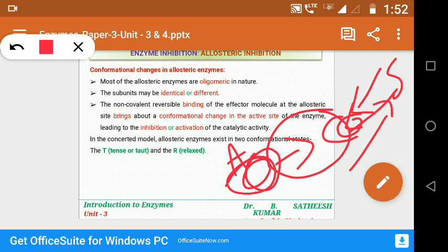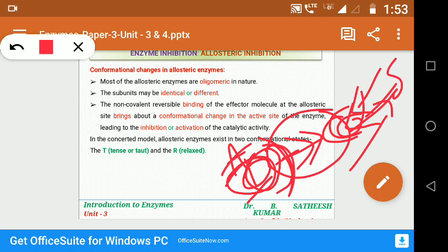In the presence of an allosteric inhibitor, this inhibitor binds to the same regulatory site where the activator earlier bound. If the concentration of inhibitor is more, then it binds to the regulatory site and brings a conformational change in the active site, so that the active site can no longer bind the substrate.